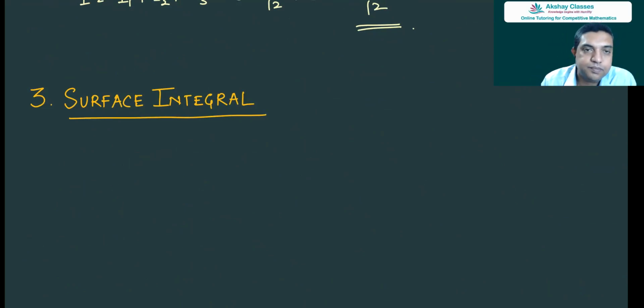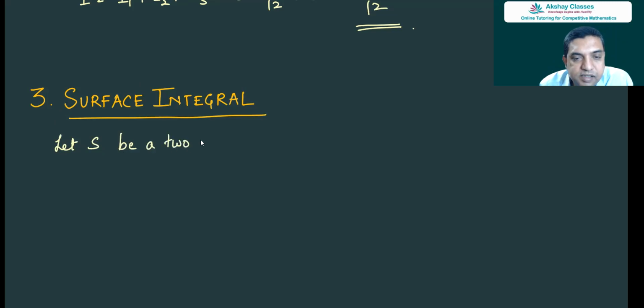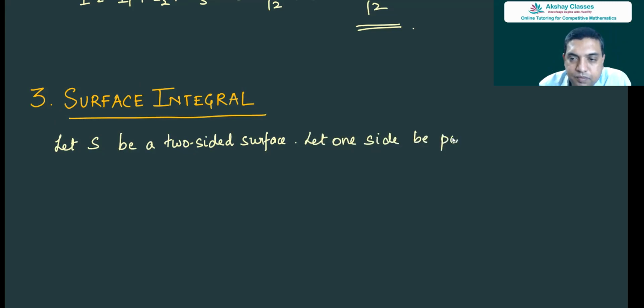Let S be a two-sided surface. Let one side be positive, that is the outer surface. The outer surface of a closed shell is positive.